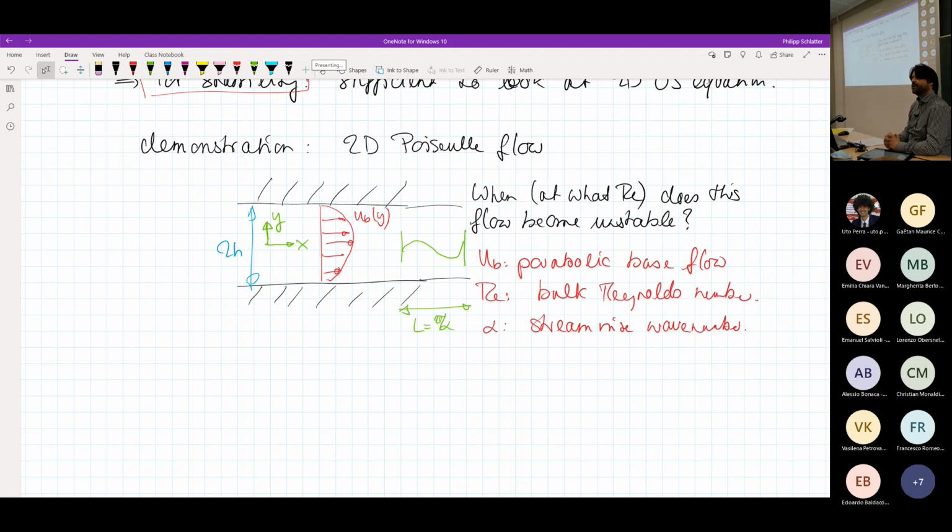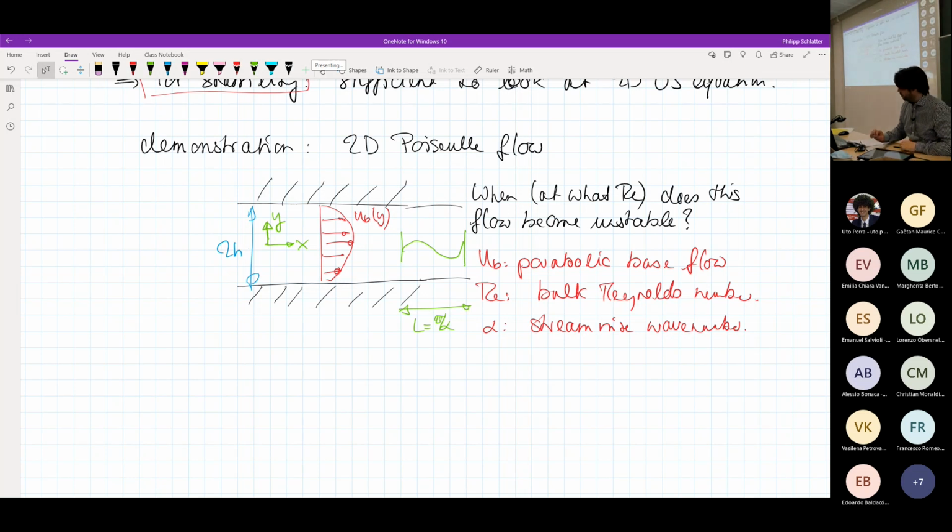So, do you know what the answer to my question would be? At what Reynolds number does this flow become unstable? Do you have any idea? We looked at the Moody diagram at the time for pipes.